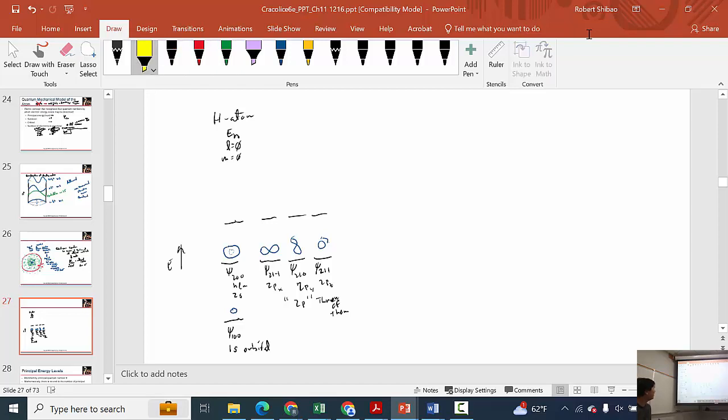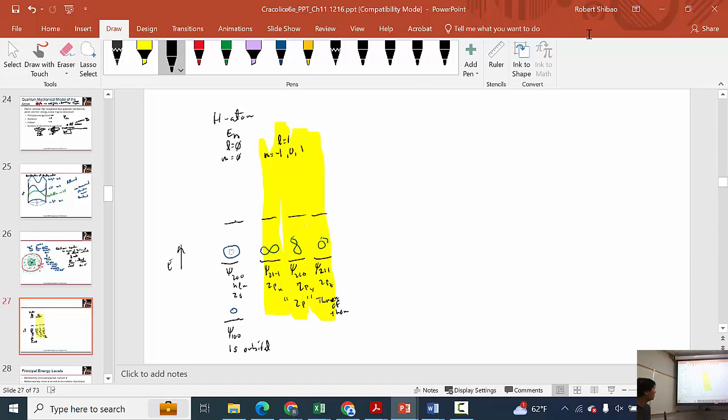And then over here, I have L equals 1. M can equal negative 1, 0, and 1. That's what I have here.